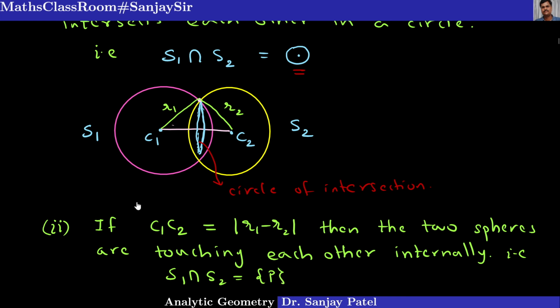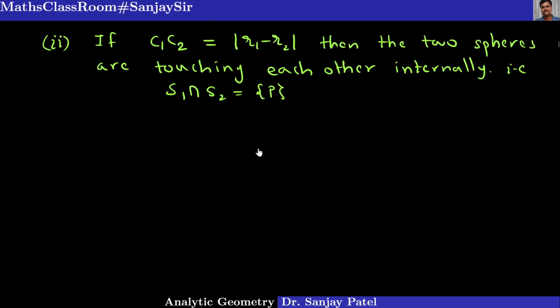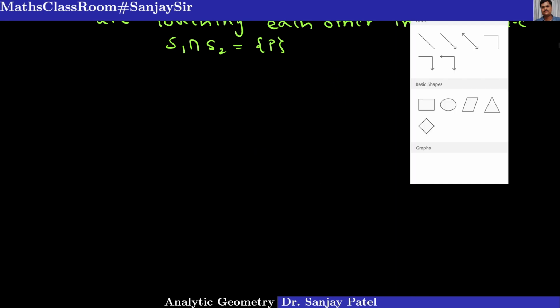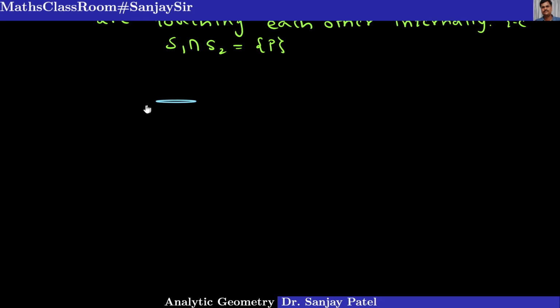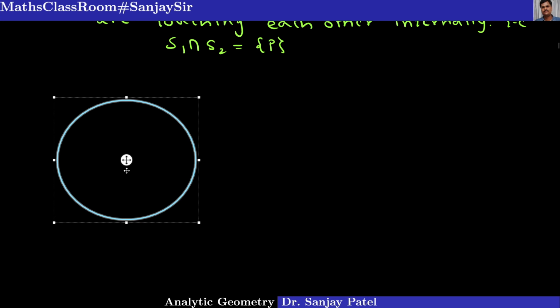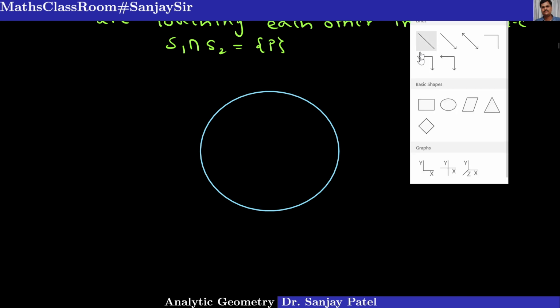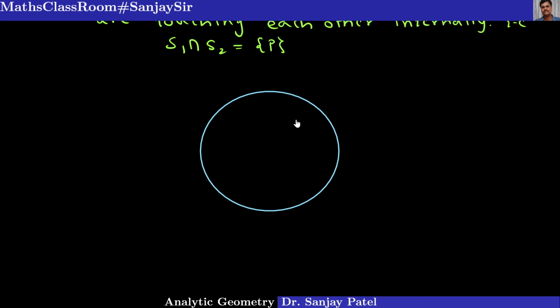Let us understand this situation by diagram. So let me take again two spheres, say one sphere. Okay, this is my one sphere. Let me put it in the center and I am taking another sphere like this, and this sphere is touching this sphere at some point.